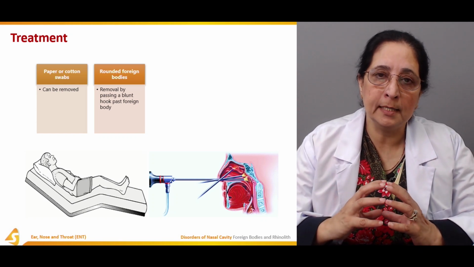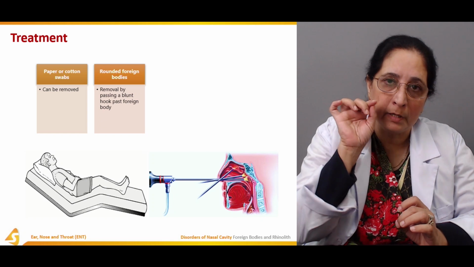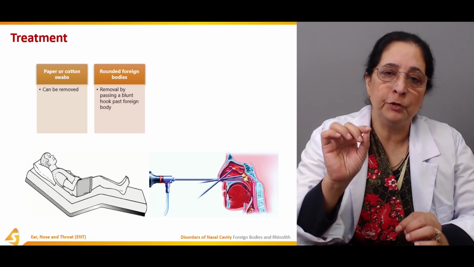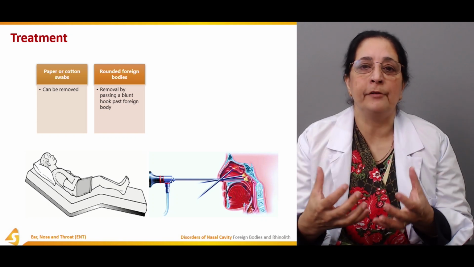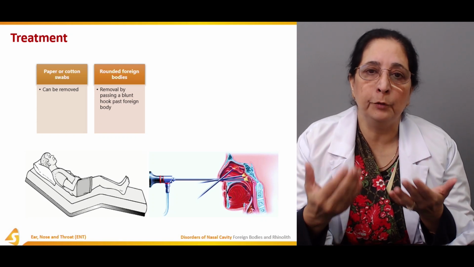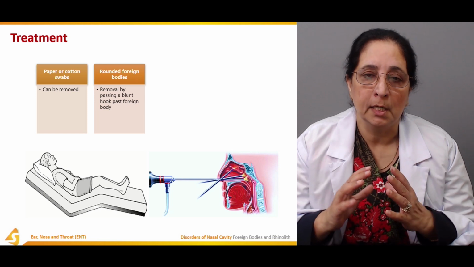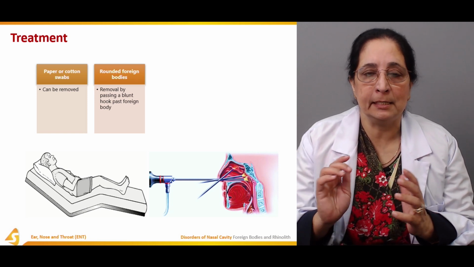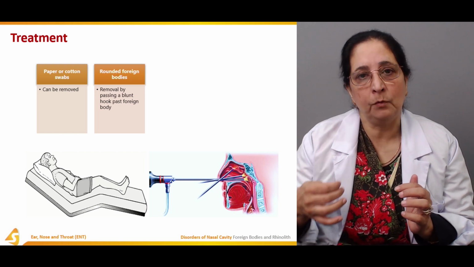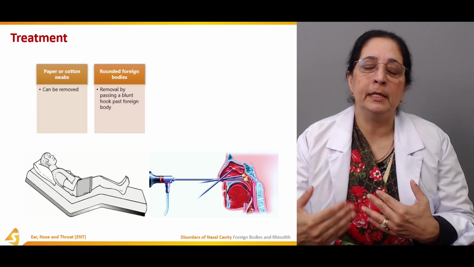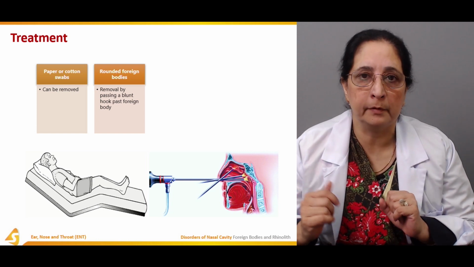What is important is that if you try to remove the foreign body from the front, instead of removing it, it can be pushed further downwards. So the technique is to go behind the foreign body and then bring it forward. That can avoid pushing the foreign body further down.